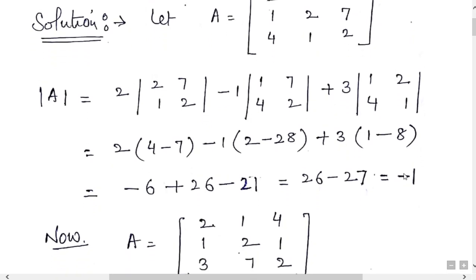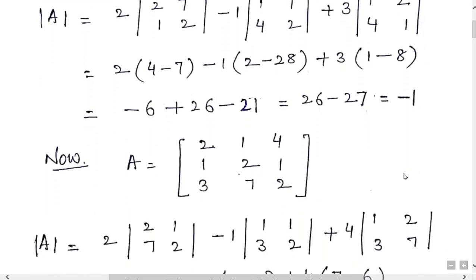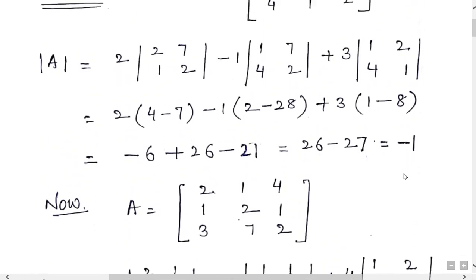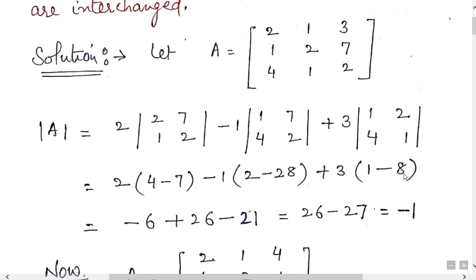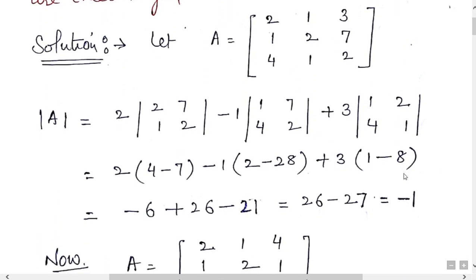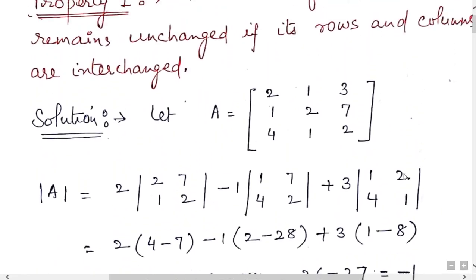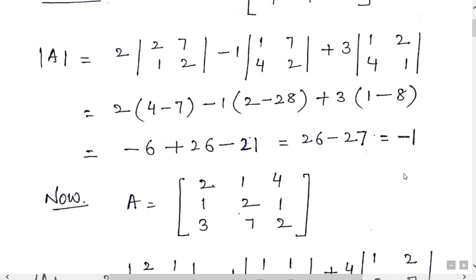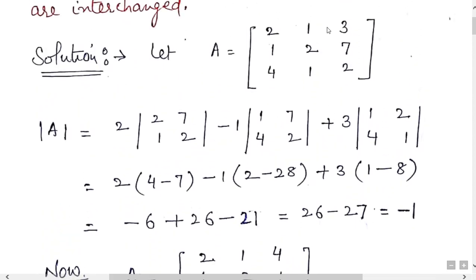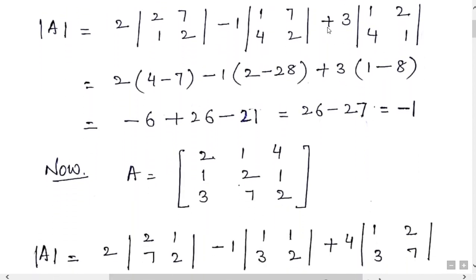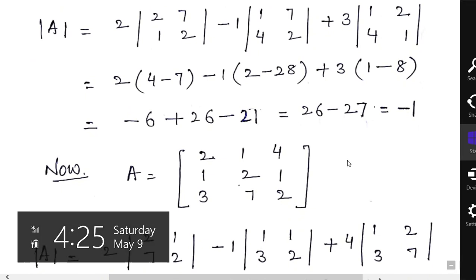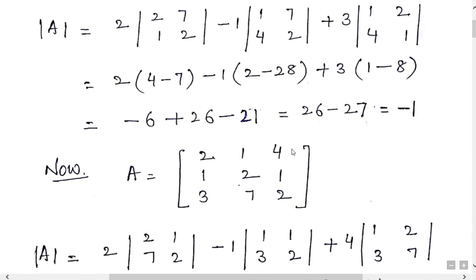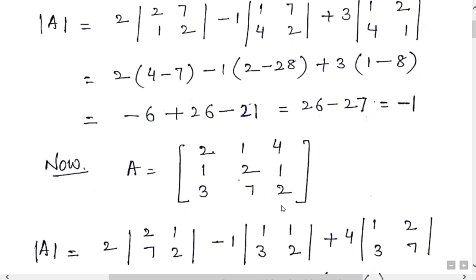Now what next? Rows are converted into columns and columns into rows. The first row is converted into the first column, similarly the second row into the second column and the third row into the third column.